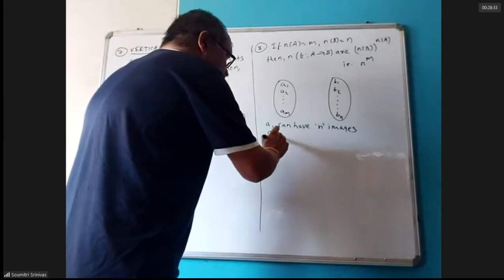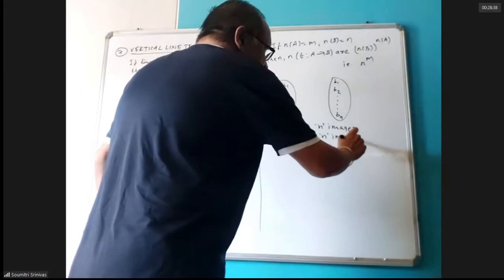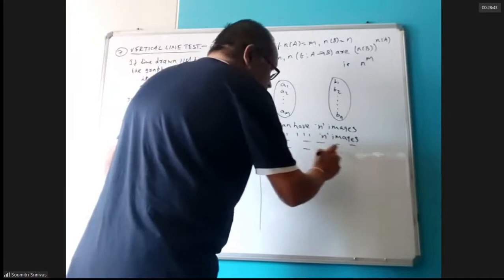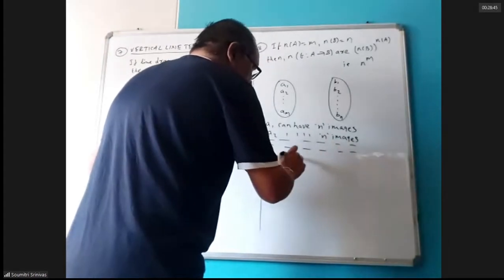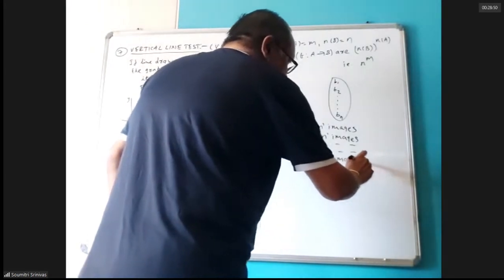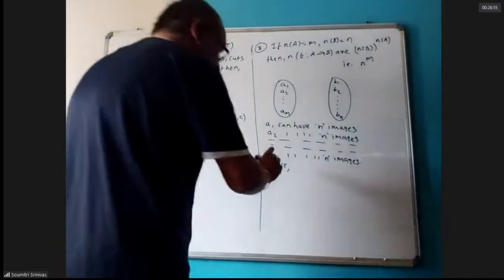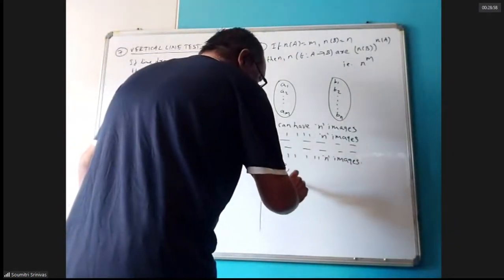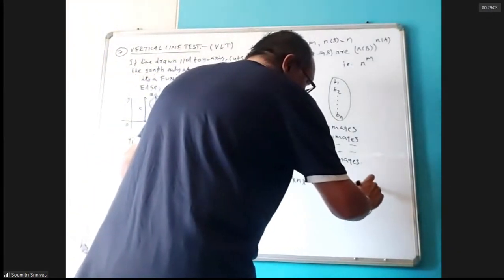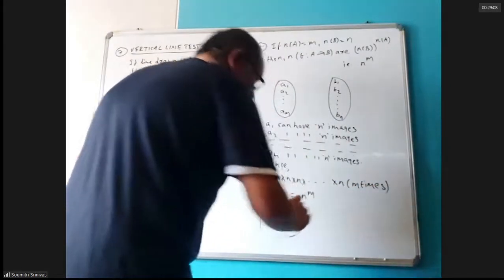Similarly, A2 can have n images. Agreed? Yes, sir. So until Am can have how many images? n images. Hence it is n into n into n, how many times? m times. Hence, it is n power m.